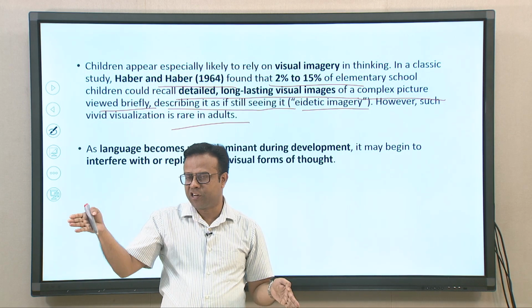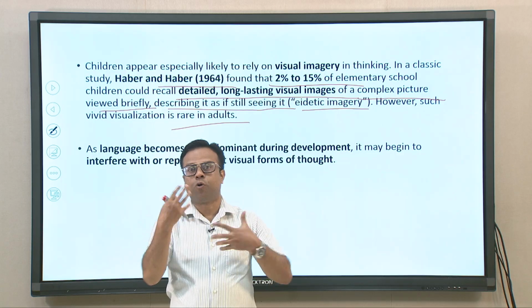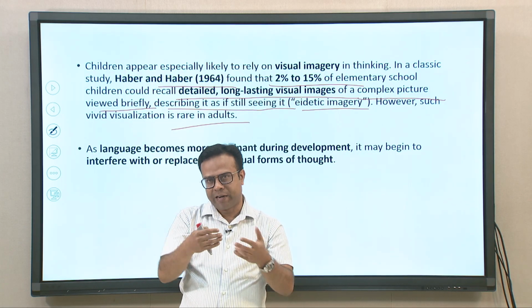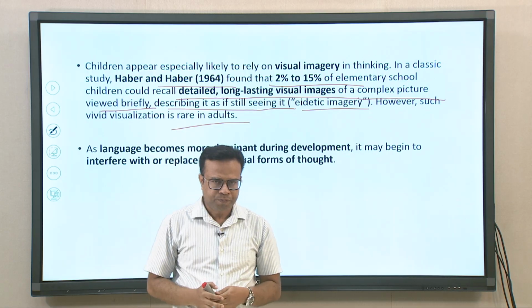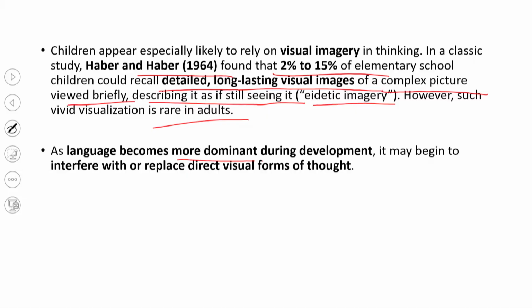Children use more images in their thinking, adults use more concepts, which we will discuss now. As language becomes more dominant during development, it may begin to interfere with or replace direct visual forms of thought. So, language takes the place of a lot of the visualization that we used to do earlier. Okay.